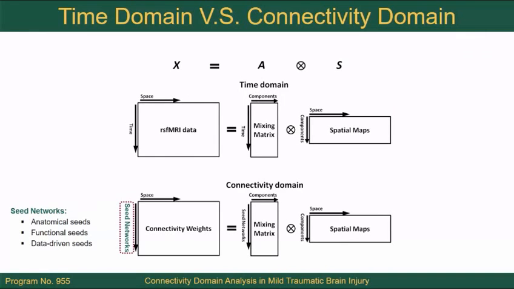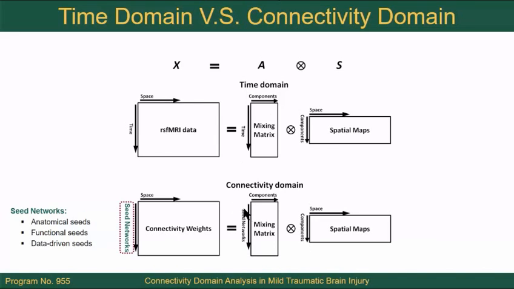So what we propose for the connectivity domain is, instead of time, we have these what we call seed networks, which are essentially just regions in the brain. And now, for every voxel in space, we find a connectivity weight to each seed network. And then once we organize the data this way, we can again perform ICA and get our resting state networks.